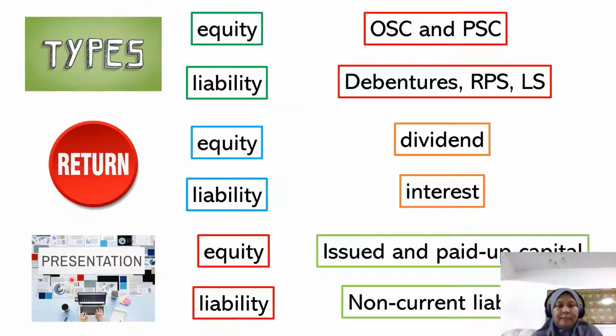And in terms of presentation, equity instruments are reported under issued and paid up capital in the SOFP. And for liability, it is recorded under non-current liabilities in the SOFP. So both are recorded in the statement of financial position, but under different headers, different categories of accounts, right?